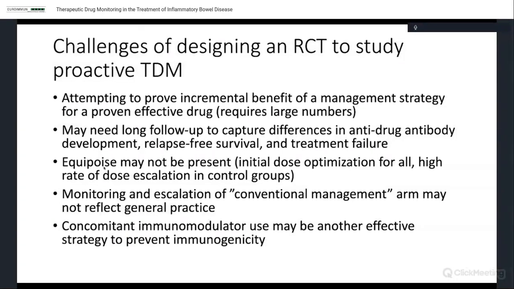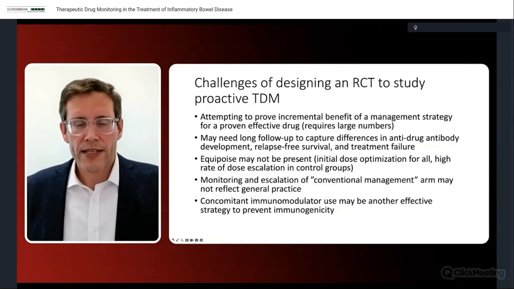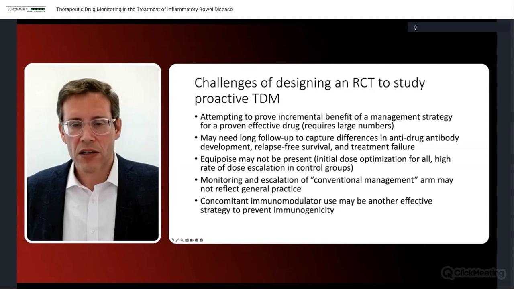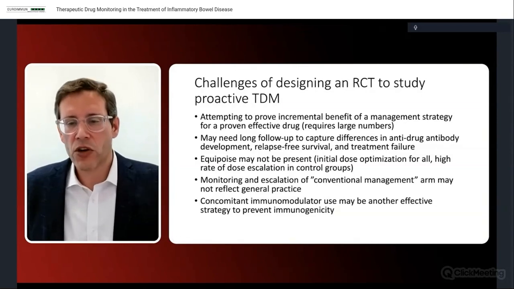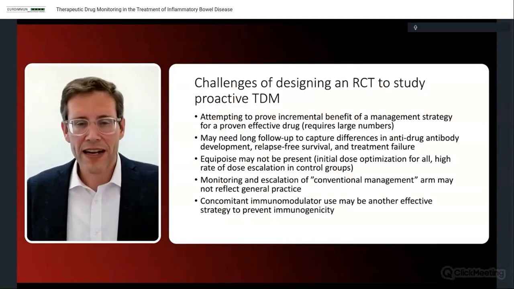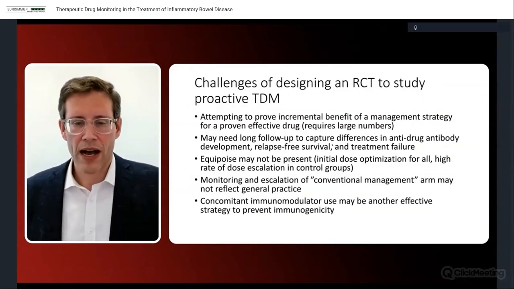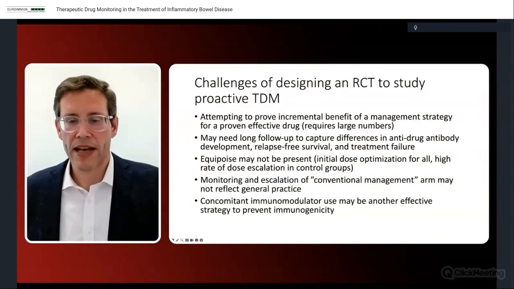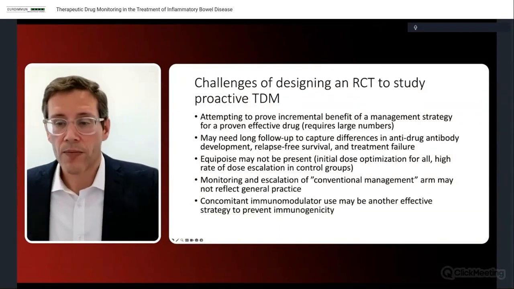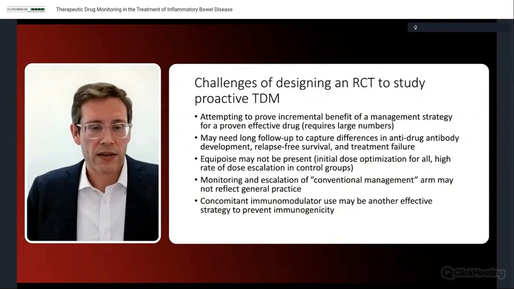Another point is that equipoise may not be present such that we can study this in the most rigorous fashion. So for instance, the TAXIT trial included initial dose optimization for all, effectively giving all the patients proactive therapeutic drug monitoring, presumably because they thought this was standard of care.